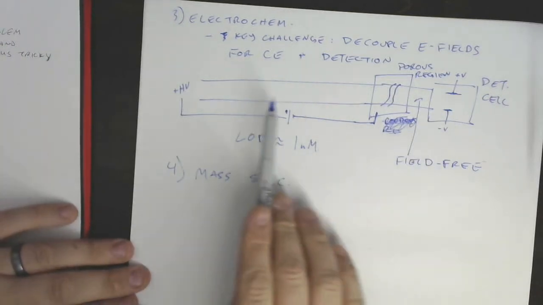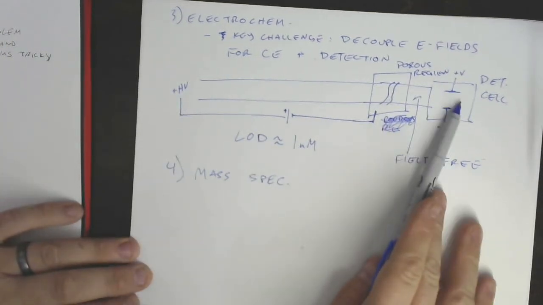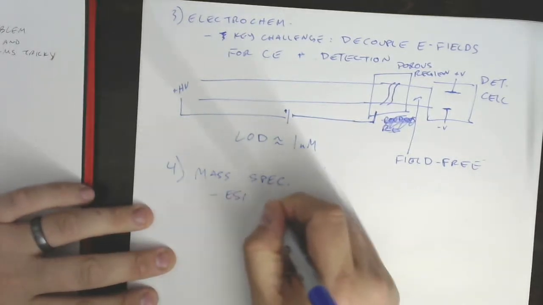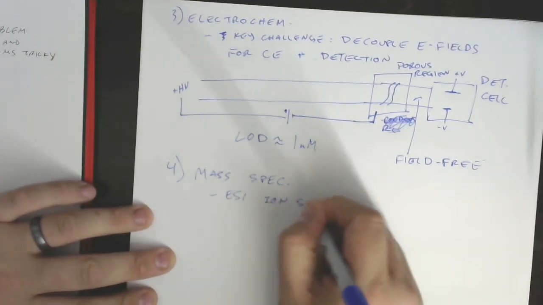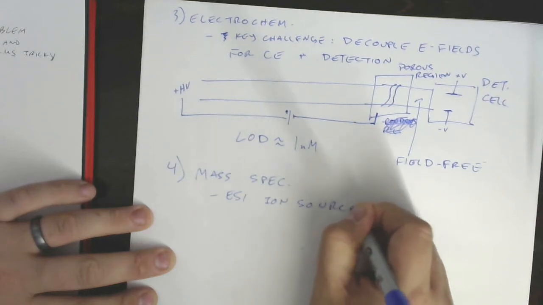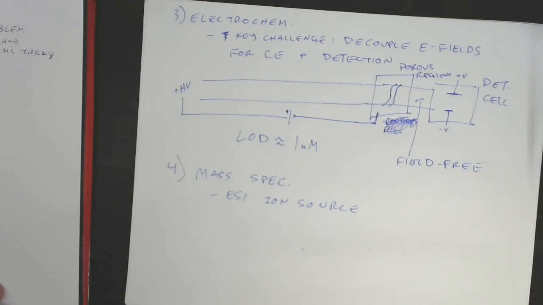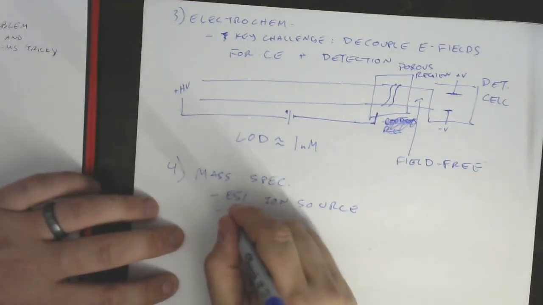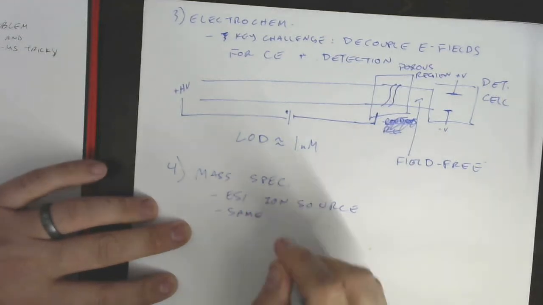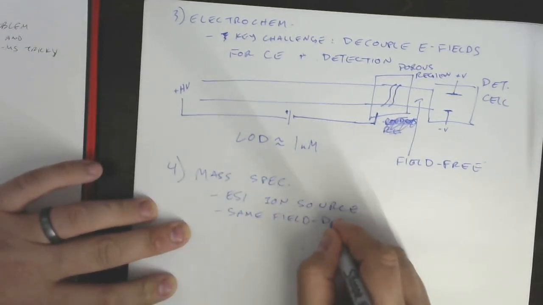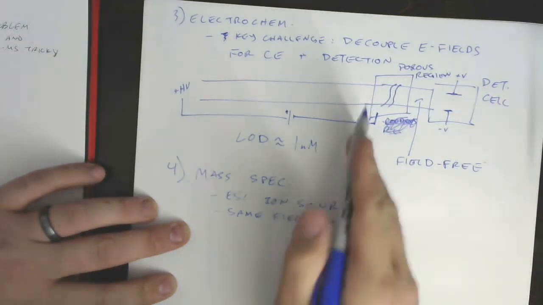In this case, it's the CE field from, not a detector cell, but from what is most common, the ESI ion source, right? We've seen ESI, the cone jet thing, apply a voltage, and you get droplets. So it's the same field decoupling problem to produce an ESI spray. So same field decoupling challenge, and it's tackled generally the same way.